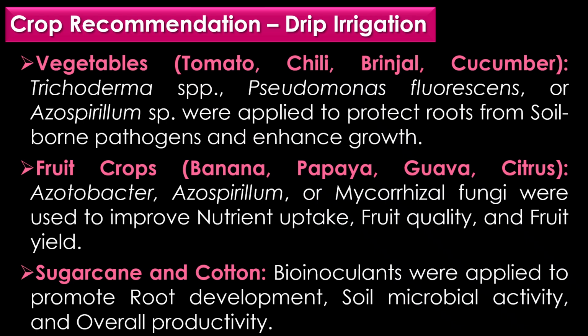For fruit crops like banana, papaya, guava and citrus, Acetobacter species, Azospirillum species or mycorrhizal fungi were used via the drip irrigation system to improve nutrient uptake, fruit quality and fruit yield. For sugarcane and cotton, bioinoculants were applied through drip irrigation to promote root development, soil microbial activity and overall productivity.